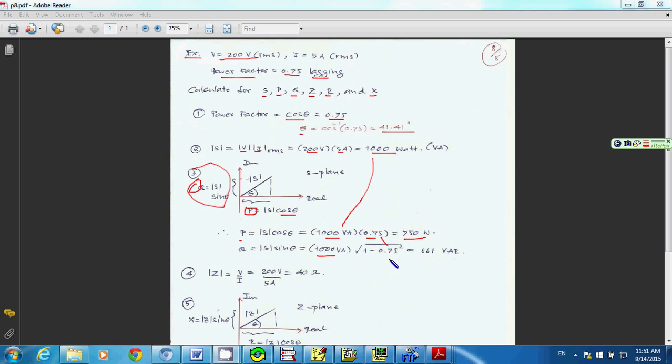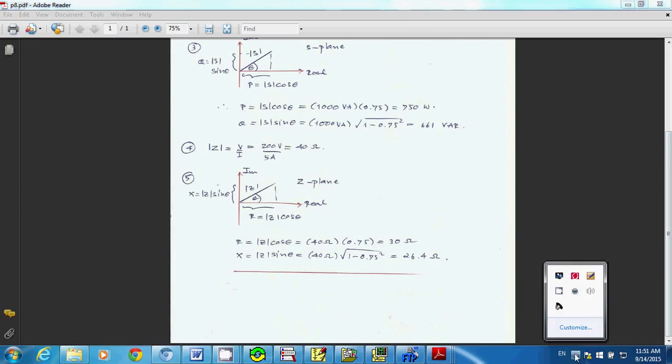This is my cosine. So I end up with Q equal to 661 VAR. Next, Z. Well, Z, the impedance, equals voltage divided by current. So it becomes 200 over 5 amps, which is 40 ohms.